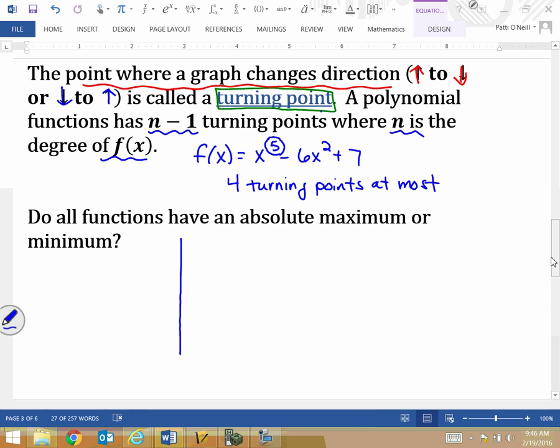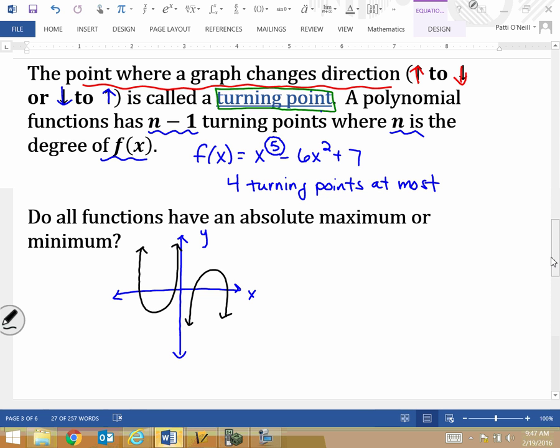Now, I'm thinking this. We have 2 types of functions, basically even degree and odd degree. If we have an even degree function, then the end behavior points in the same direction. So my graph might look like this. This is the most basic even degree function. Or like this. Again, most basic even degree function.